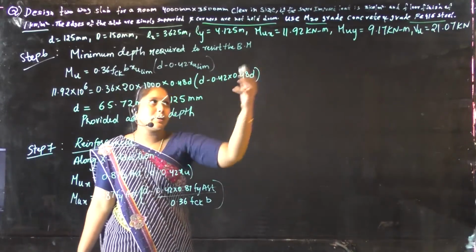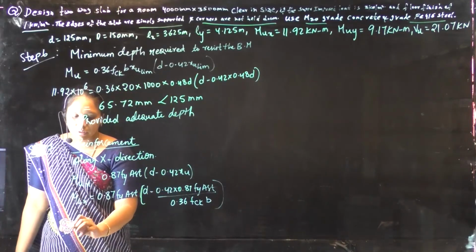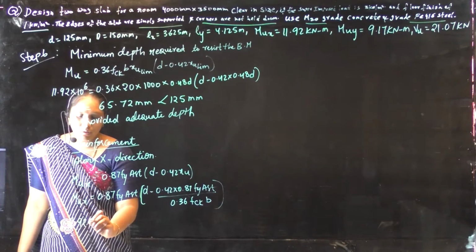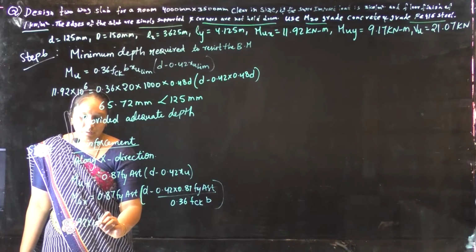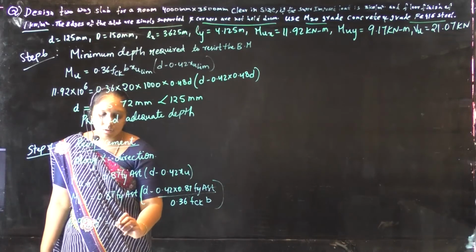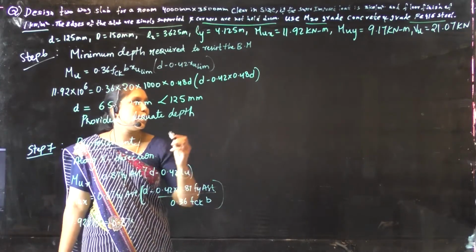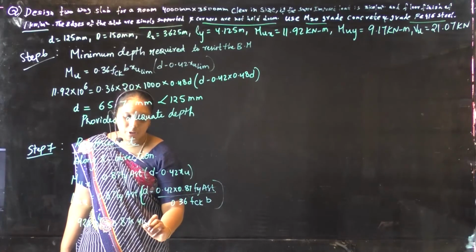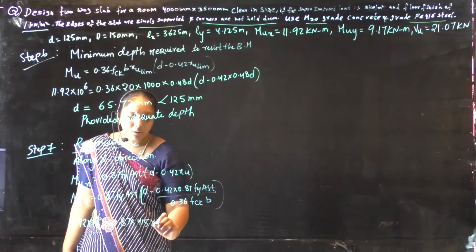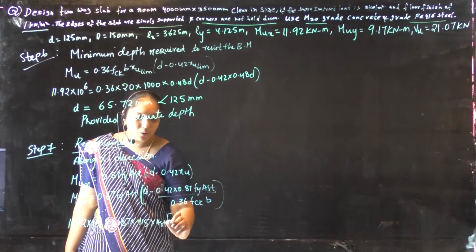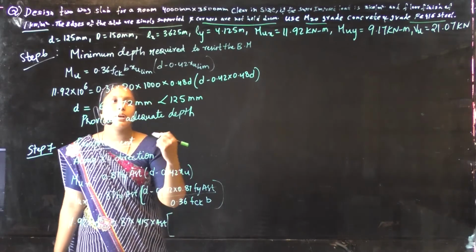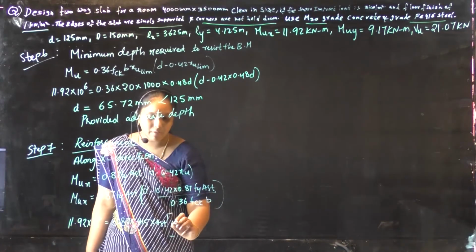So here we have to substitute all the values. What is the value of MUX? It is 11.92 kilonewton meter. So 11.92 into 10 to the power of 6 is equal to 0.87 into Fy. What is Fy? It is nothing but the grade of steel, which is given as 415 Newton per mm square, into AST into D. D is nothing but the effective depth. Here the effective depth is 125 mm.